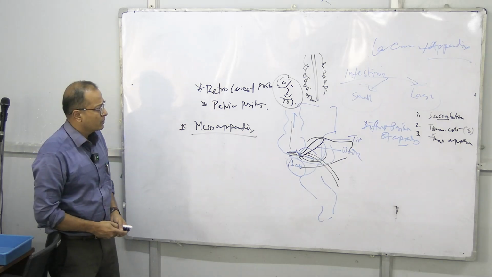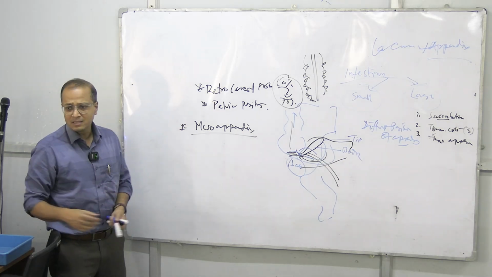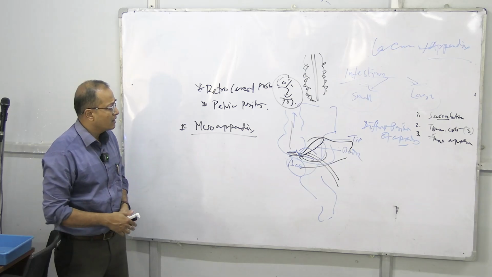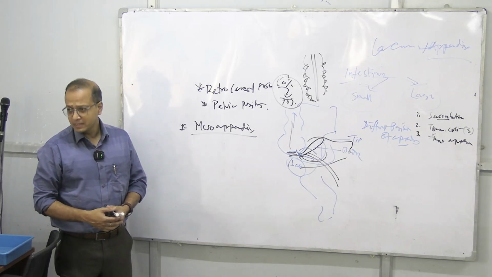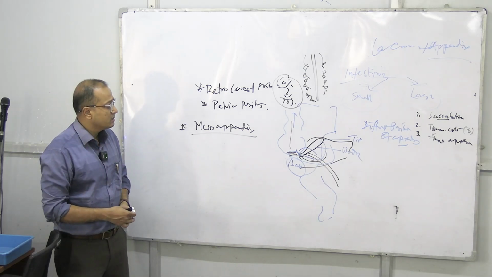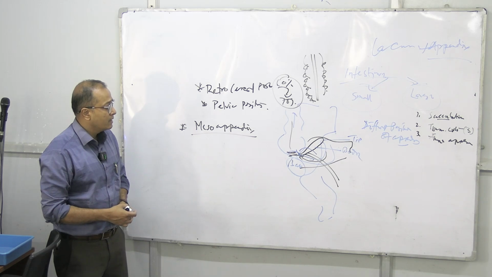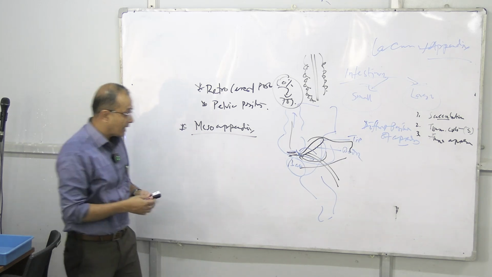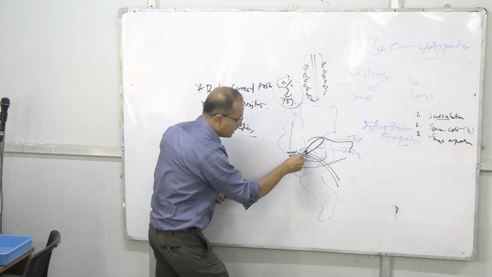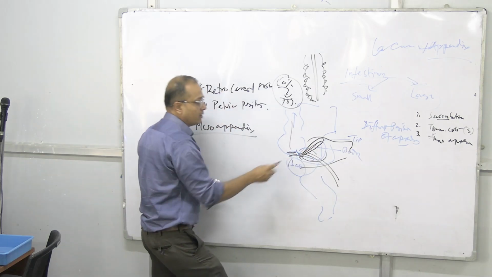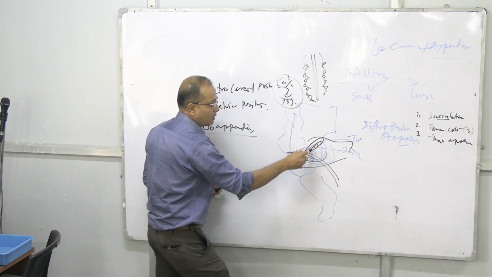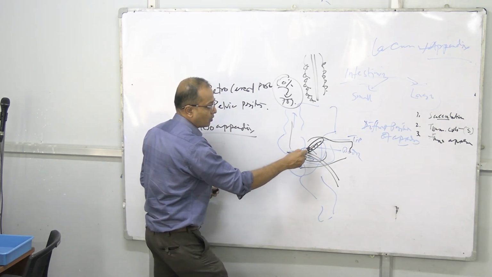So, this is about the appendix, and the length of the appendix is variable. It is about 5 to 9 centimeters in normal conditions. Inside it, it has a lumen. It is not a blind one; it has a narrow lumen, and within this lumen there are lots of lymph nodes.